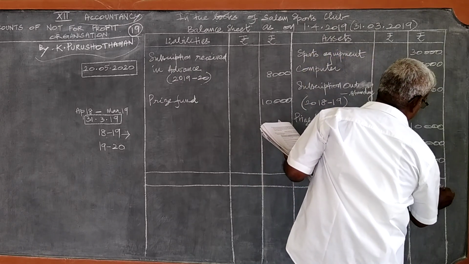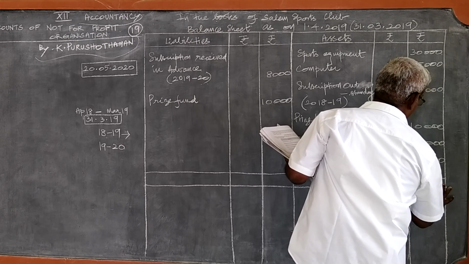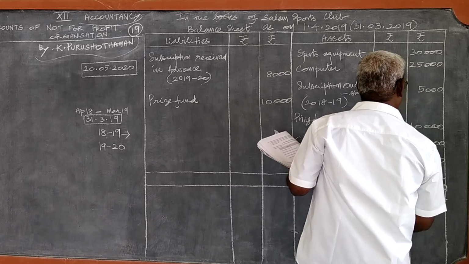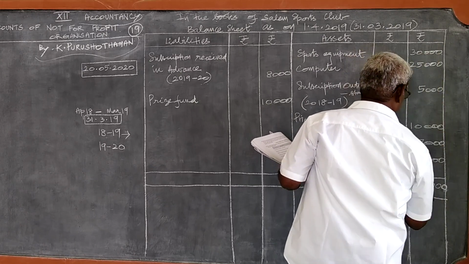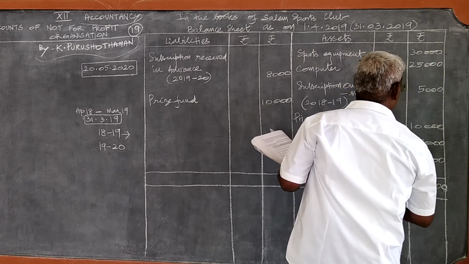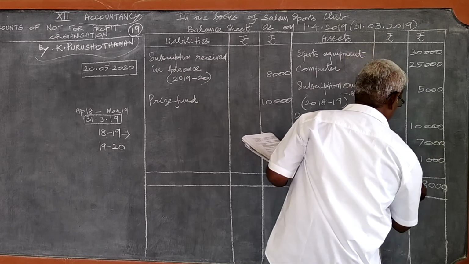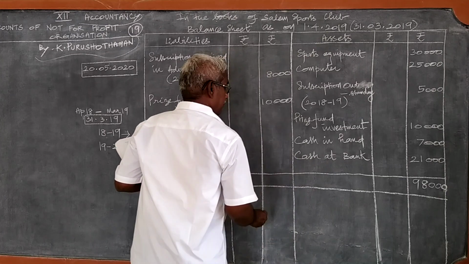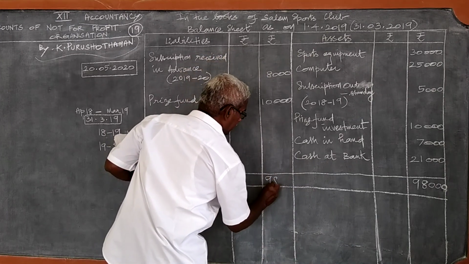The total of these assets is 98,000, and we can write the same here also.